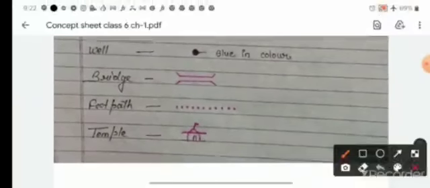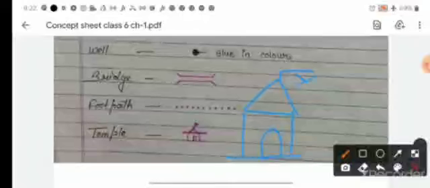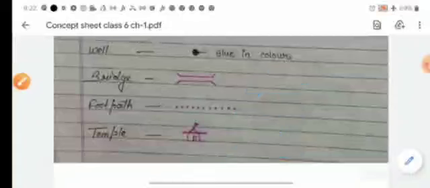It will be showing your settlement and footpath or car track. The temple will be like this. You can see here, this is your flag. So this picture is representing your temple.